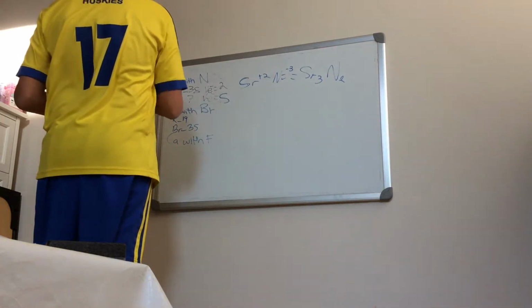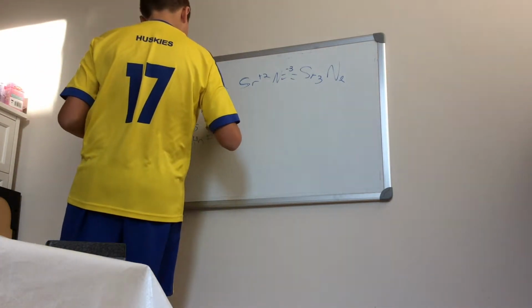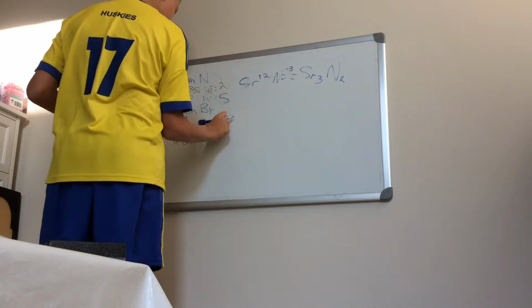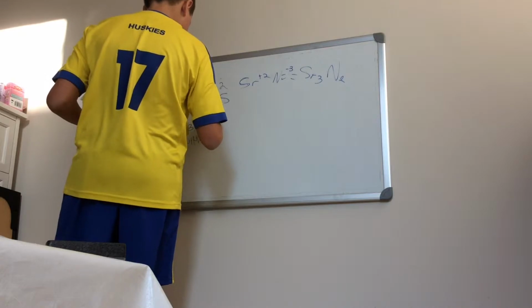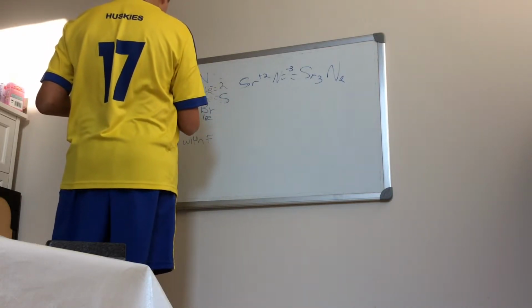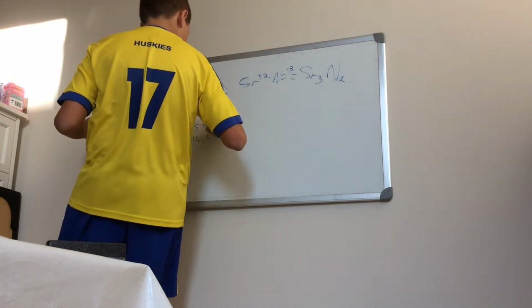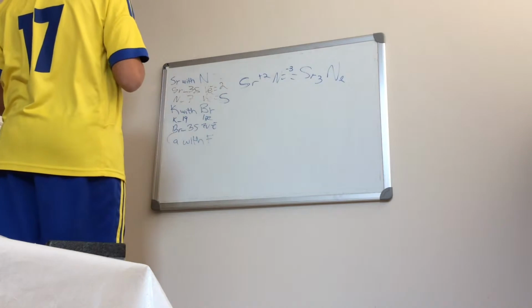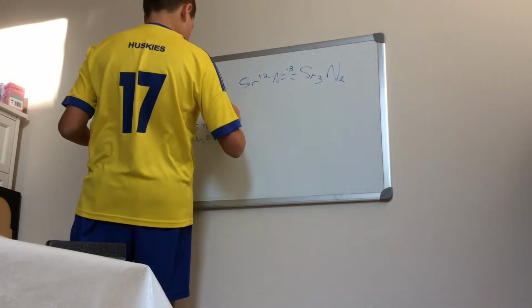Okay, so this next one is the ionic compounds. So what you have here is the element, and as you can see on top, the element Sr has a 2 as a charge on the top of the number, like an exponent, and the N has -3 charge.